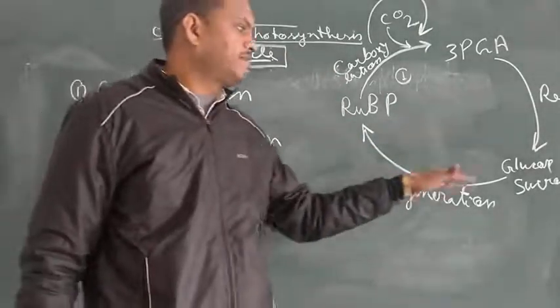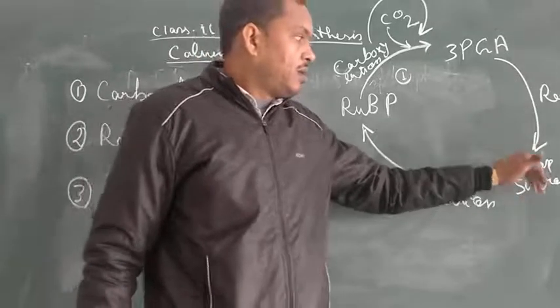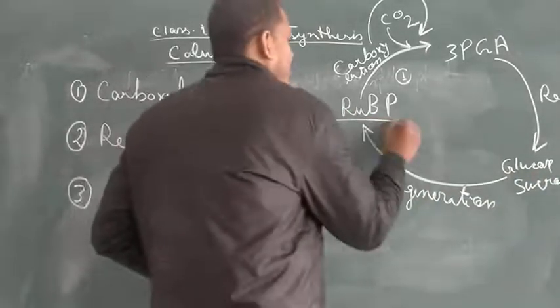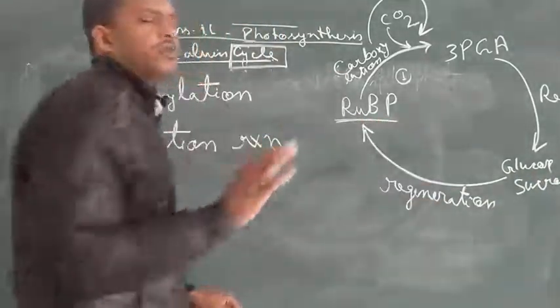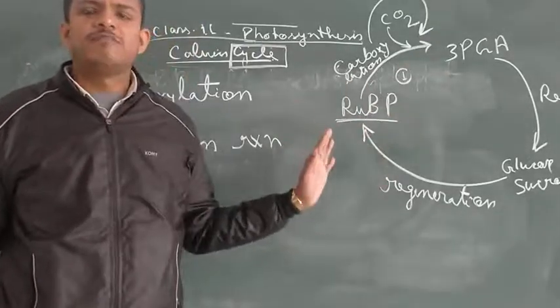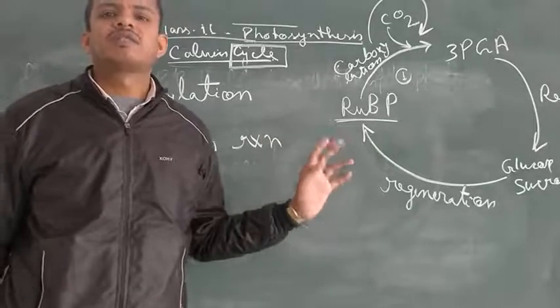So what happened here? Regeneration steps take place, and your RUBP forms again, which again continues the cycle. So these are the 3 simple steps taking place during the process of the C3 cycle or Calvin cycle.